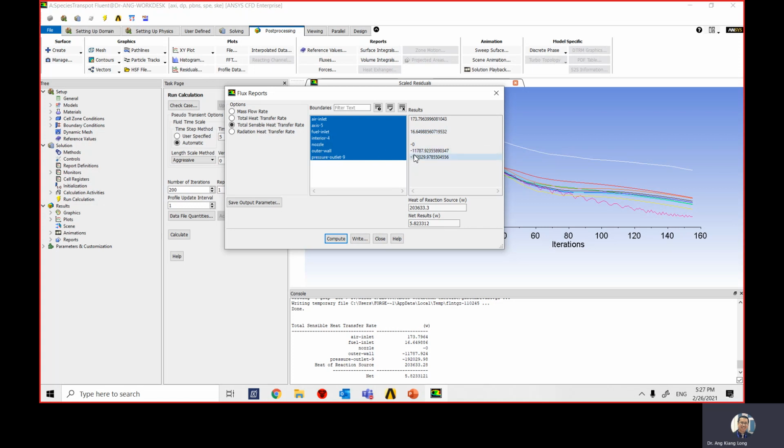For outer wall, you have 11,787 watts. And for pressure outlet, you have this number, okay? Right, so this is how you call all the values. So in a test or ANSYS or your assignment, you need to copy this number and paste it in the answer sheet. Okay, close.